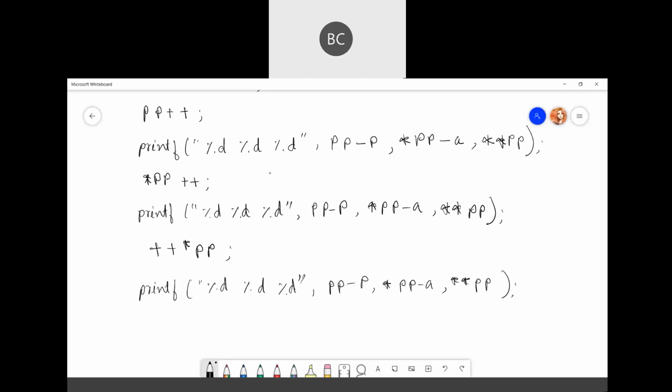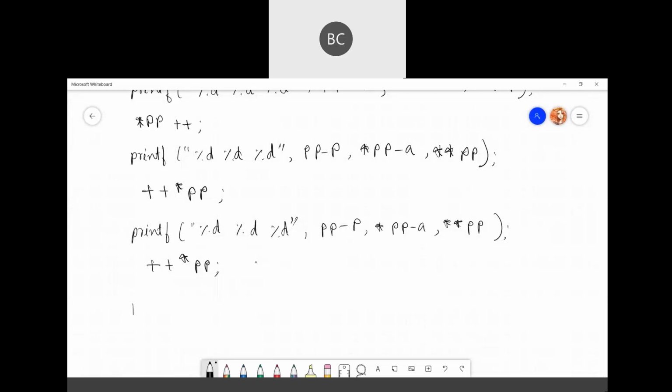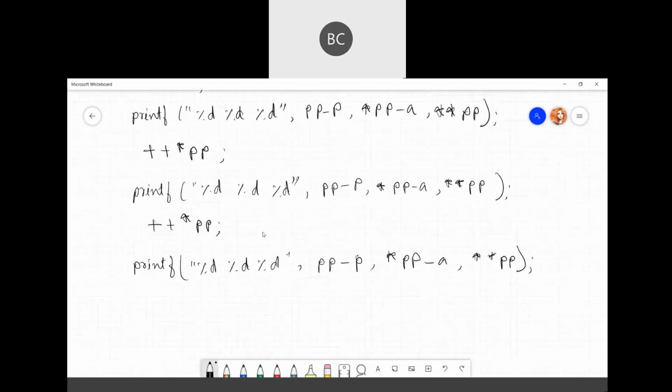Now I will increase it again, then print the same thing again. Okay, so this is the program.